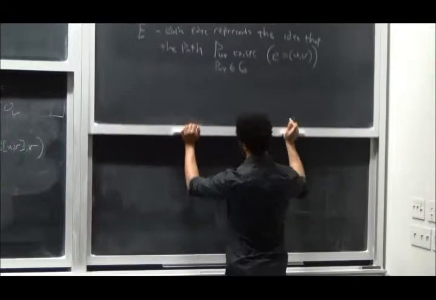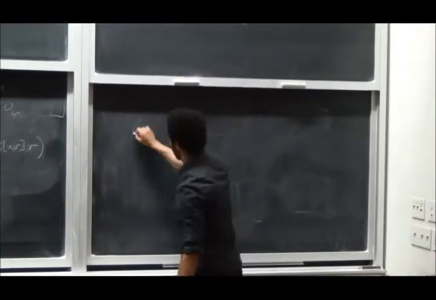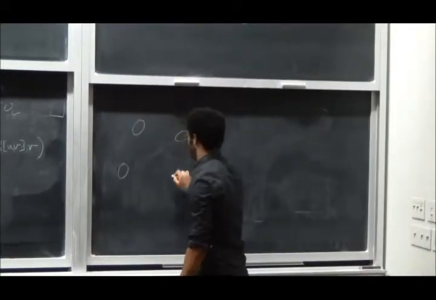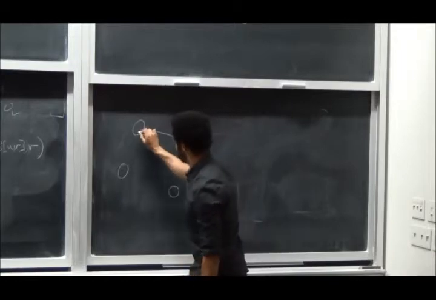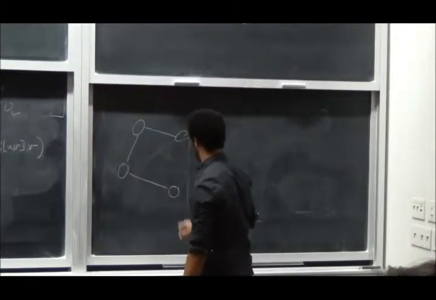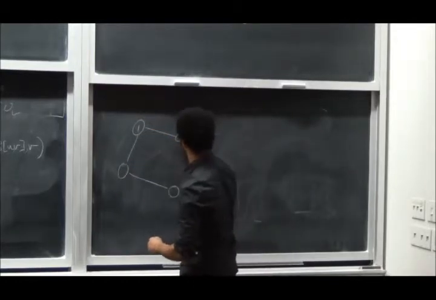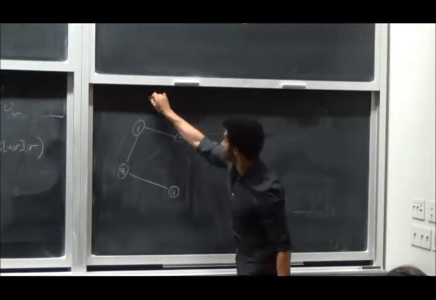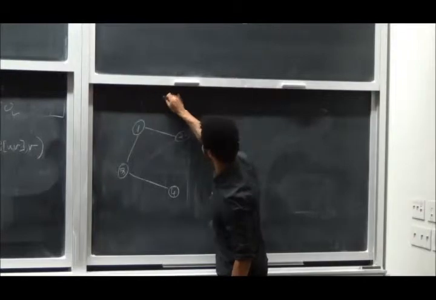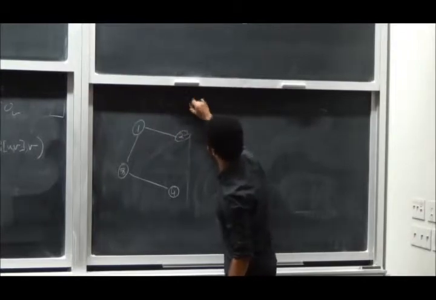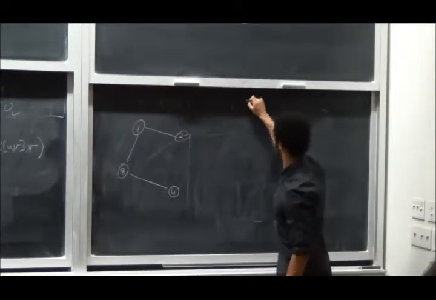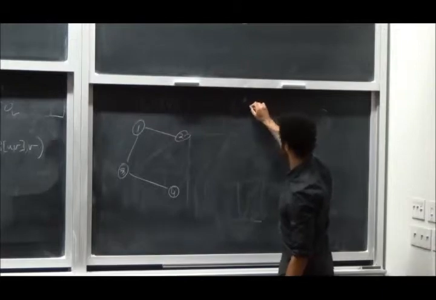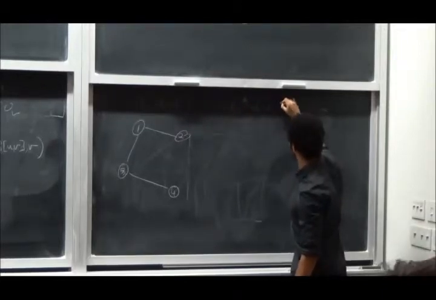So broadly speaking, an example of this might be, given an arbitrary graph that might look like this, for example, with 1, 2, 3, 4. So if this is your G, V, E, the transitive closure would be equal to G, V, E star.